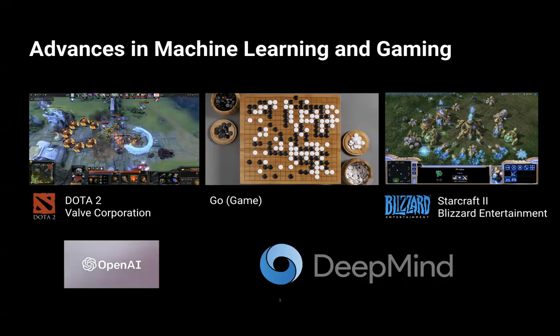For instance, on the left, OpenAI Five was OpenAI's creation of a human-like bot for Dota 2. On the other side, DeepMind has created AlphaGo and AlphaZero, both superhuman bots for Go and StarCraft 2. All three of these had publicized events where these bots were playing against real human players, and they all did very well.